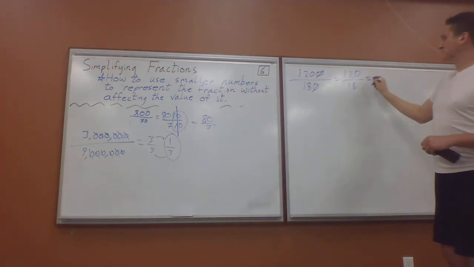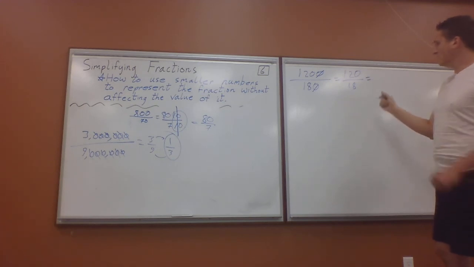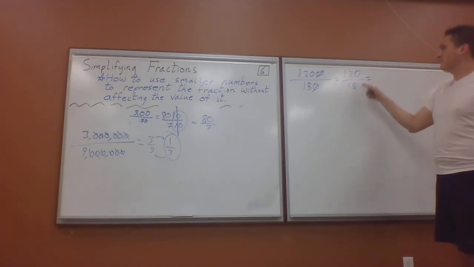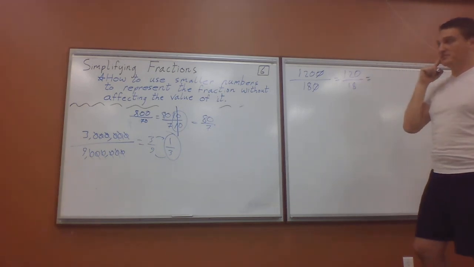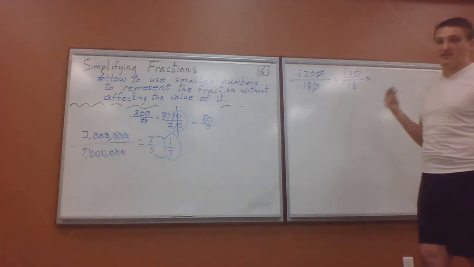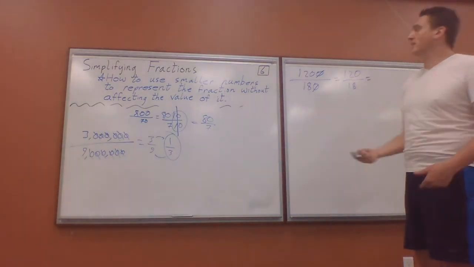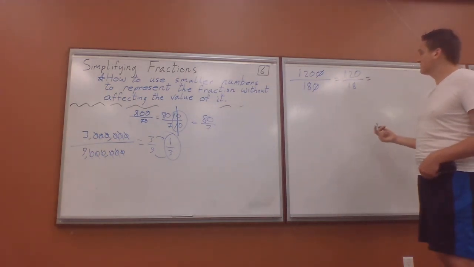And then from here, obviously, I can divide. Let's see what I can divide this by. Let's try dividing by 6 real quick. I know that the top and bottom are even numbers, and I know based on my divisibility rule by 3 that they're both divisible by 3. So if they're divisible by 2 and 3, that means they are both divisible by 6.